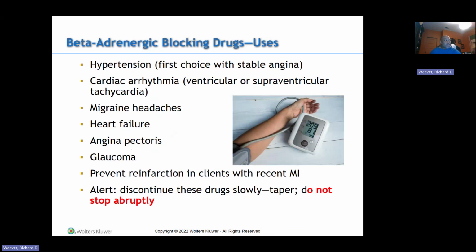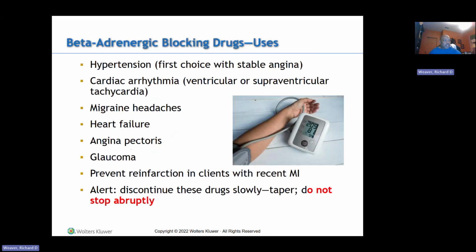It also is used for cardiac arrhythmias, of the ventricular or supraventricular tachycardia. That's talking about people who have abnormal ventricular rhythms, like ventricular tachycardia, meaning it looks like a lot of W's, and the heart is just beating very fast, so you have a decreased cardiac output as a result.